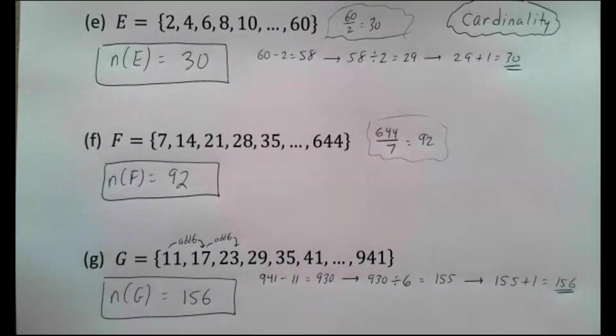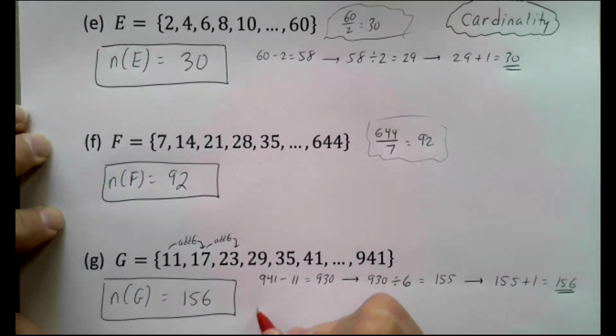That's weird. Why do we have to add 1 at the end? What's going on with that? Let's keep talking about that. It looks like what I'm doing here is taking the last number minus the first number.